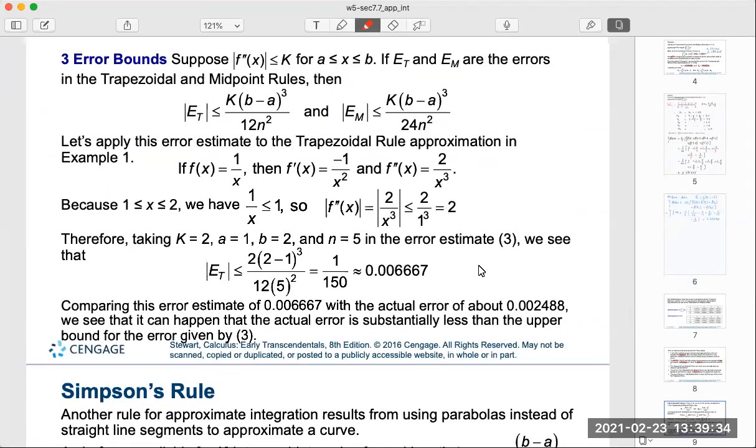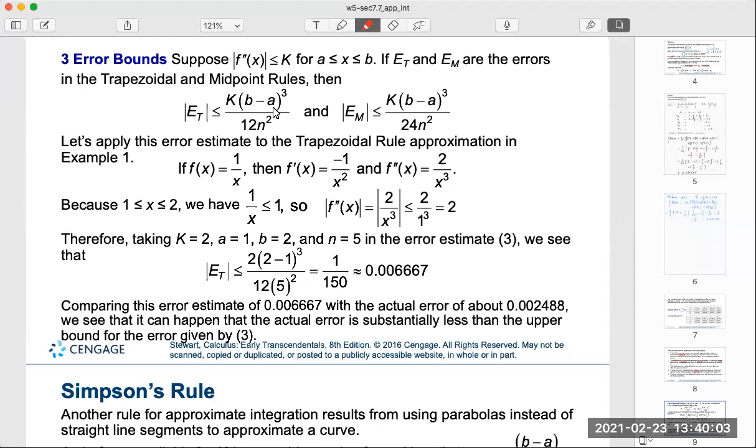And here we can estimate the error. It is proven that the error of the trapezoidal rule is smaller than this number, where k is the upper bound of the second derivative of that function. Upper bound means that the second derivative is always smaller than that number.